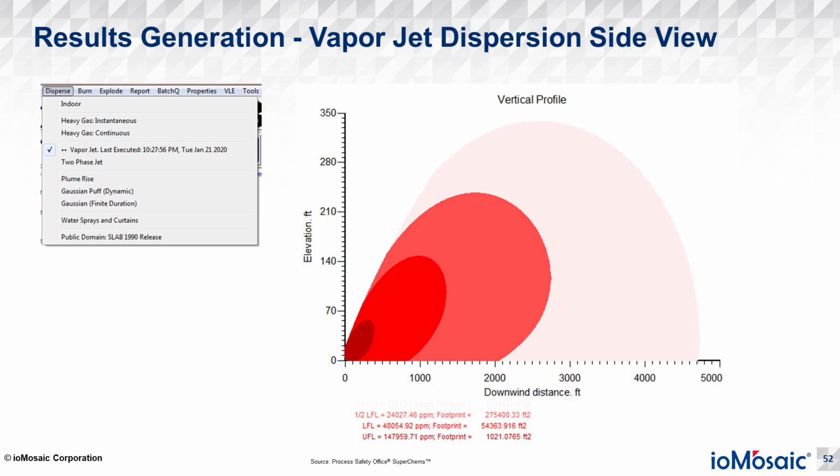And we can also look at the flammable concentrations from the side as well. So you can see how far the cloud goes, and it's showing us 4 different values: the upper flammable limit, lower flammable limit, half LFL, and quarter LFL.